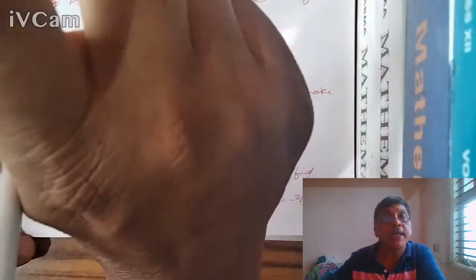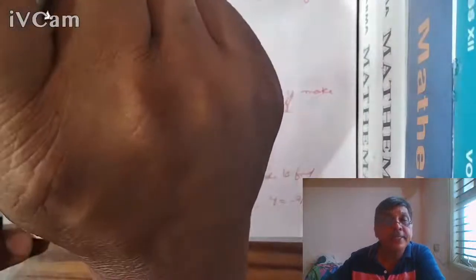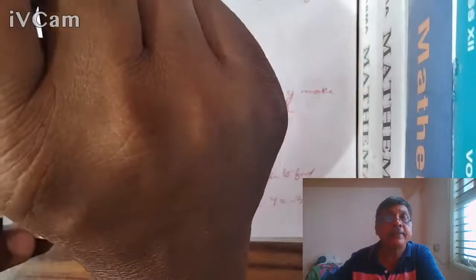Okay, a matrix is said to be a square matrix if it has number of rows equal to number of columns. Yes or no? A matrix is said to be a square matrix if the number of rows is equal to the number of columns.